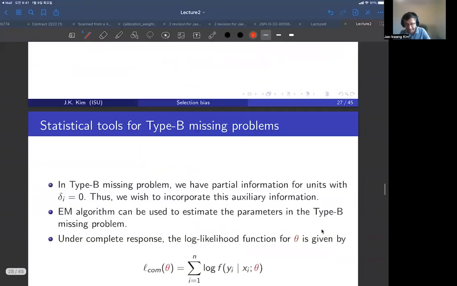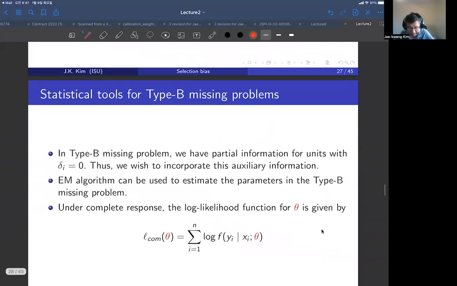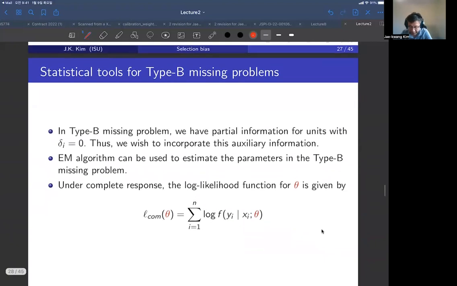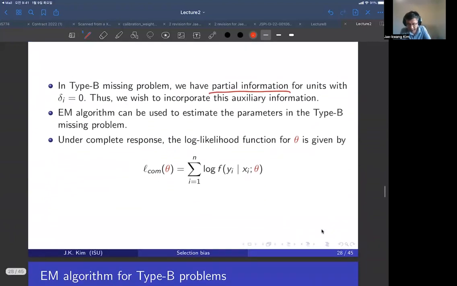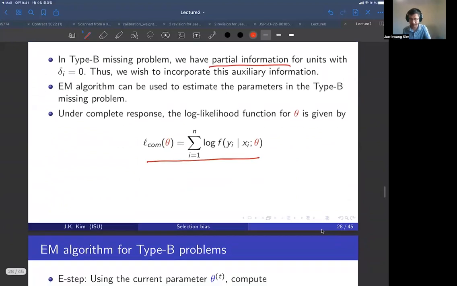Type B problem. We have partial information, so we want to incorporate that. In this case, the EM algorithm can typically be used under some simplifying assumption. On the complete response, if there's no missing data, we'll just use this, right?